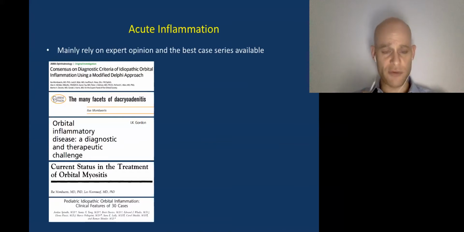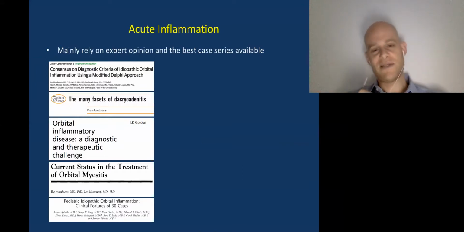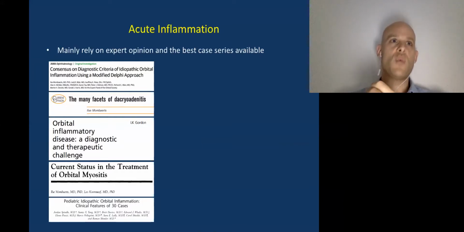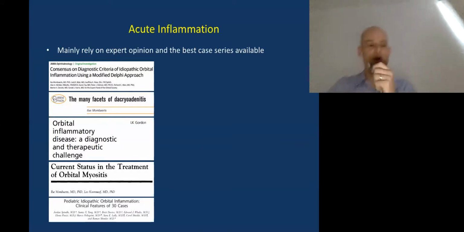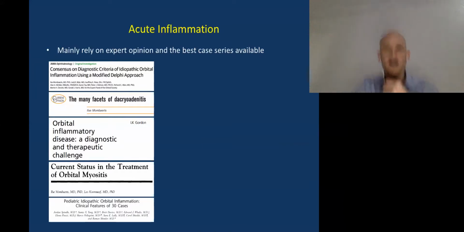Remember that we're teasing out information from a consensus of experts, or case series that often only focus on one disease process. For example, somebody will publish 30 cases of biopsy-proven idiopathic inflammation of the lacrimal gland, but that doesn't tell us the frequency of other diseases of the lacrimal gland.